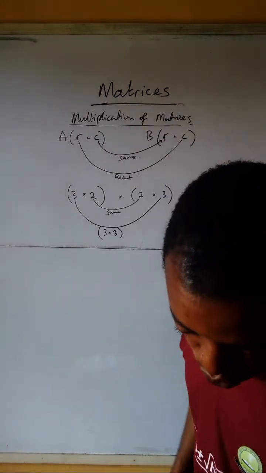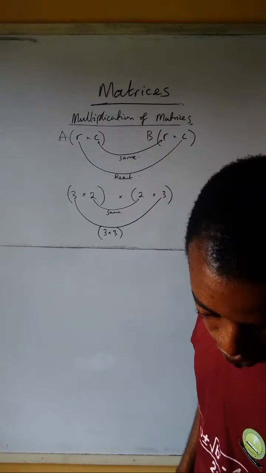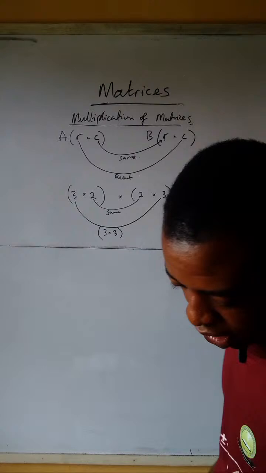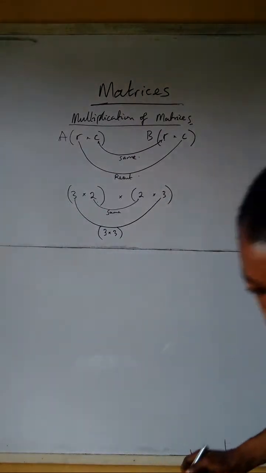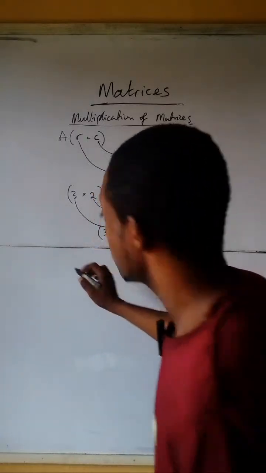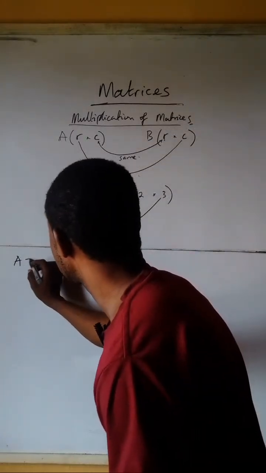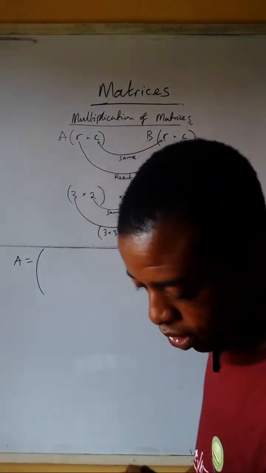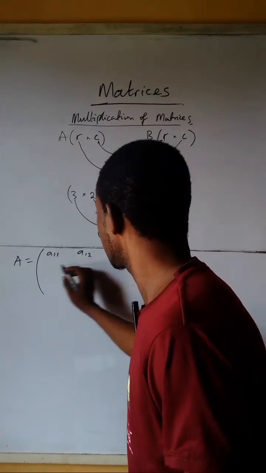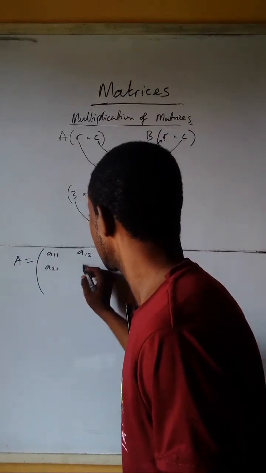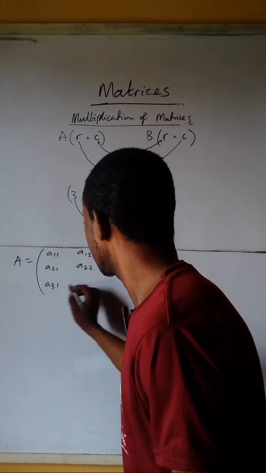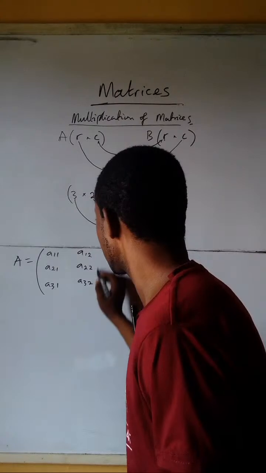Now let's multiply these two matrices and see the outcome. That is, in general, if we have a matrix A, which is in the form of 3 by 2, we are given matrix A, a 3 by 2 matrix. That is, we have A11, A12, A21, A22, A31, A32.